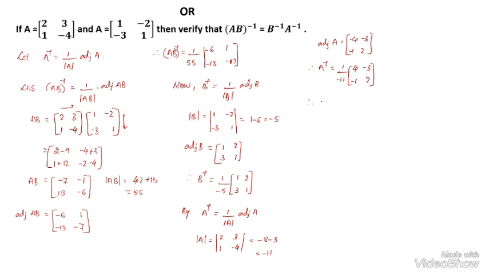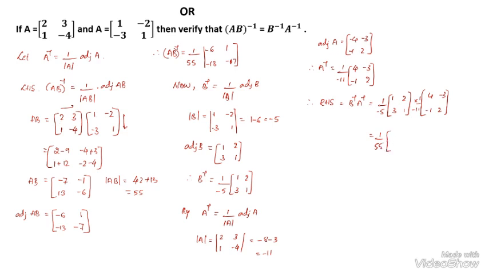Therefore, the RHS part, that is B inverse into A inverse. Here B inverse is 1 divided by minus 5 times 1, 2, 3, 1, and A inverse is 1 divided by minus 11 times 4, minus 3, minus 1, 2. Minus 5 into minus 11 is 55, so 1 by 55.